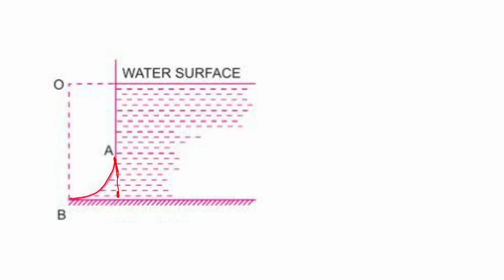So the projection here will give Fx. But for this curved surface, there is no liquid column above it. So how will you find Fy? The force will be in this direction. You can find Fx by finding the projected area. But how will you find Fy?